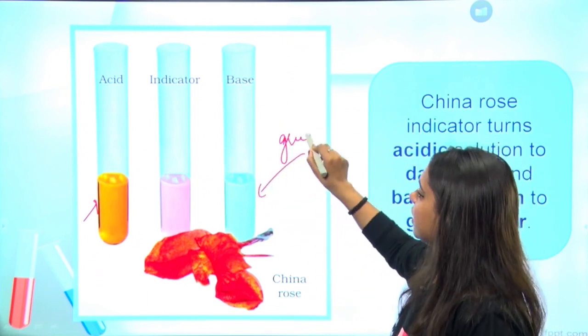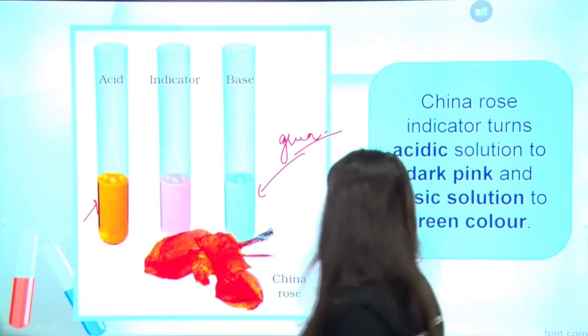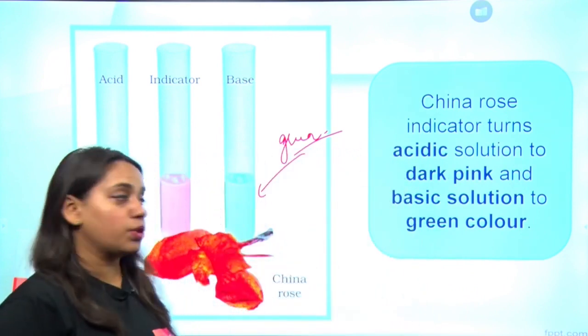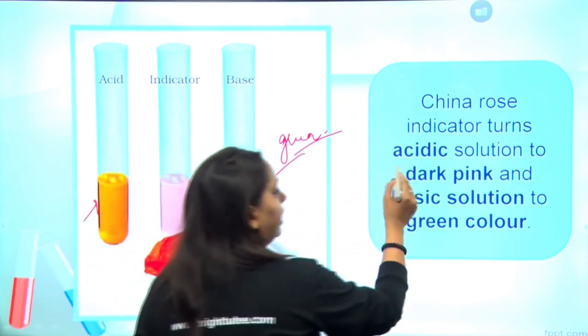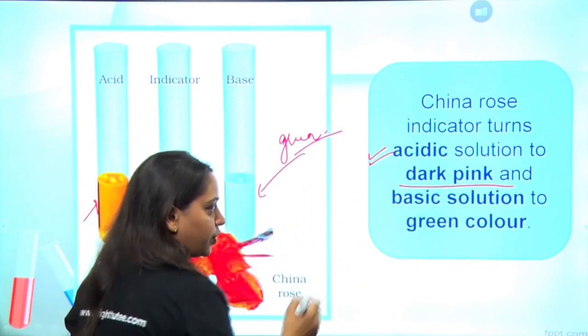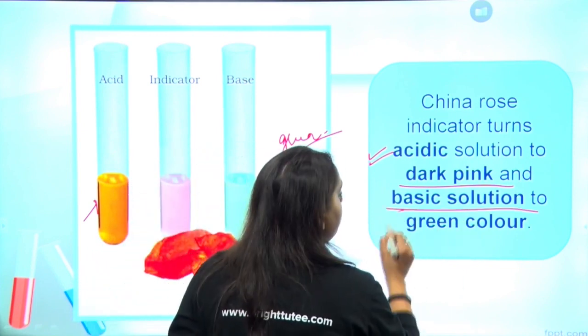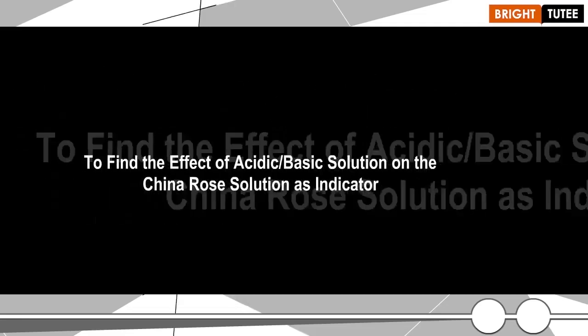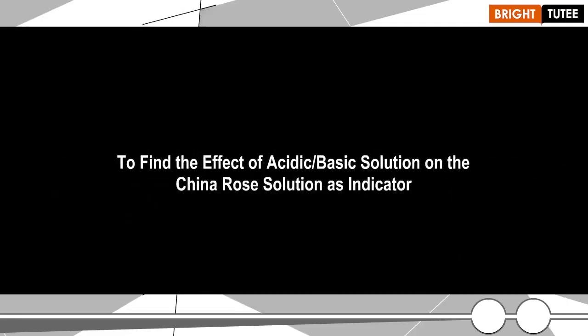Okay children, so what is the color change that this China rose indicator shows? China rose indicator turns acidic solution to dark pink color, whereas it changes the basic solution into green color. To find the effect of acidic or basic solution on the China rose solution as indicator.